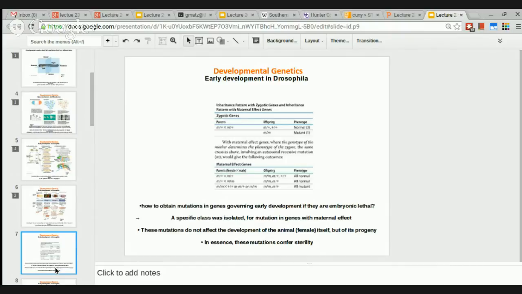And it's in that female's progeny that you detect an arrest in development at a specific point. So all of the progeny of these mutant females will show a specific phenotype, which is that the embryos that are laid all arrest at a specific stage in development.